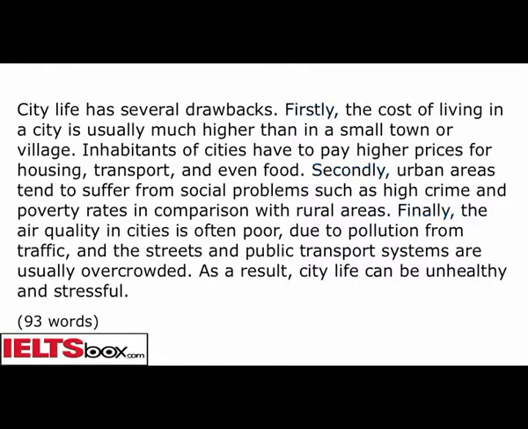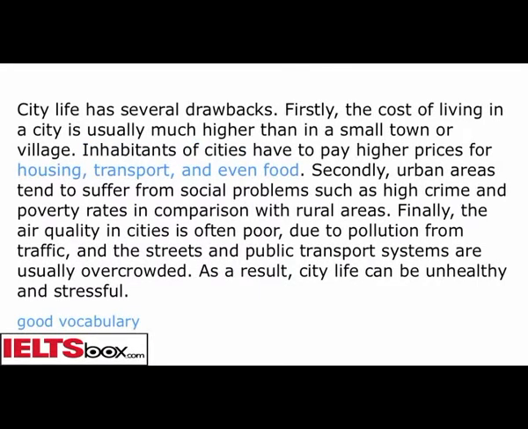Let's have a look at some good vocabulary in this paragraph. First, I've used drawbacks instead of disadvantages. The cost of living is a good phrase for this topic. I've used inhabitants of cities to talk about the people.